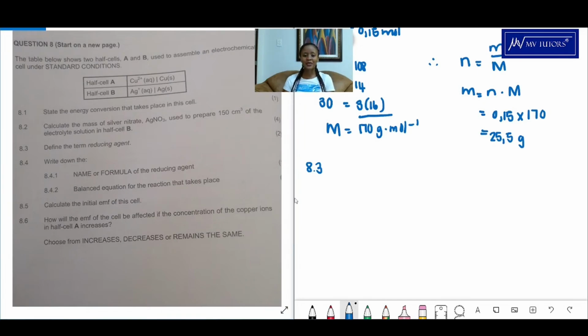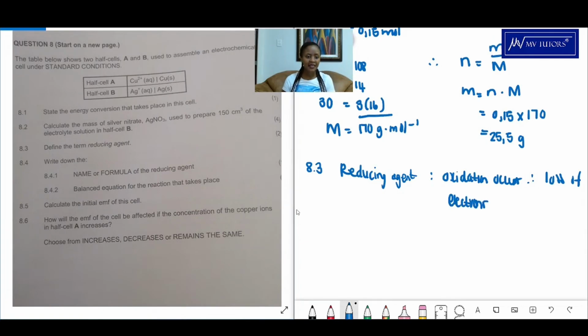So basically the reducing agent is where oxidation occurs. Therefore, that would be the loss of electrons.